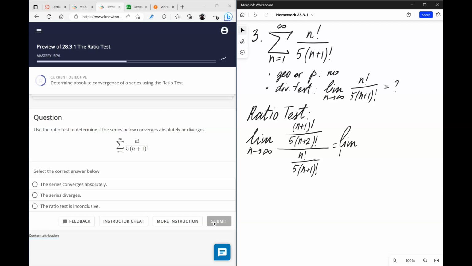Rewriting it, what do we have? We have n plus 1 factorial over 5 times n plus 2 factorial times 5 times n plus 1 factorial divided by n factorial. And this is actually interesting. Now I'm noticing how a lot gets simplified here, so there's actually a nice shortcut there.